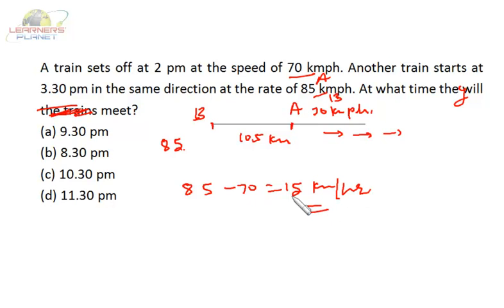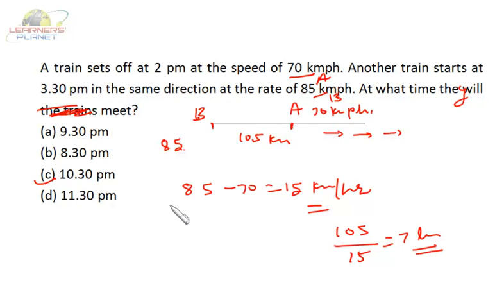So if they have to meet, train B has to cover this 105 kilometers. If every hour they are getting closer by 15 kilometers, then to cover 105 kilometers at this speed, it will take 7 hours. Are you getting my point? That means if it starts at 3:30 p.m., it will take 7 hours from this time, that is 10:30 p.m. Train B will meet train A.